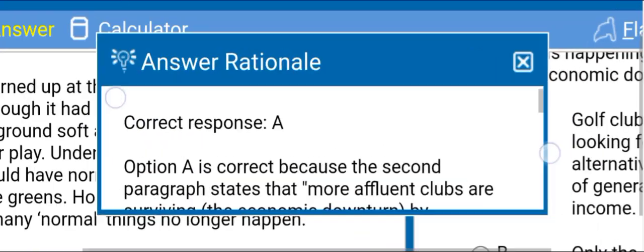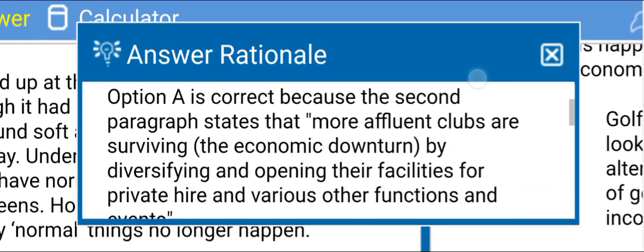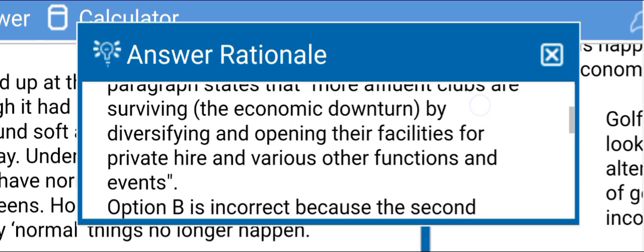So now we have option A is correct because the second paragraph states that more affluent clubs are surviving the economic downturn by diversifying and opening their facilities for private hire and various other functions and events.